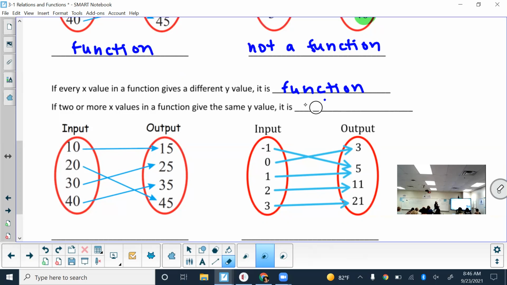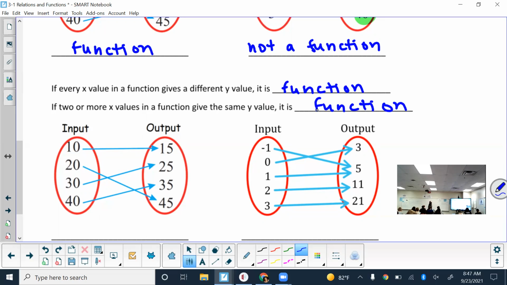All it's saying is that 2 or more x values give the same y value. Is that allowed? As long as the x values point to different numbers, that's fine, right? If all of these numbers pointed to 15, is that allowed? Yeah. So it actually is a function. Sorry, I was not reading that the way it is written. So erase that. It is a function.